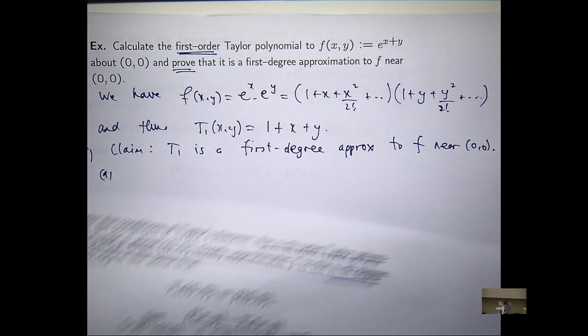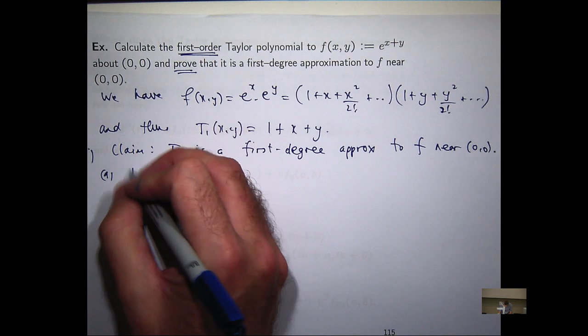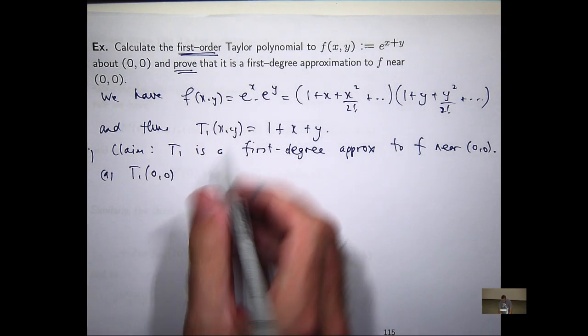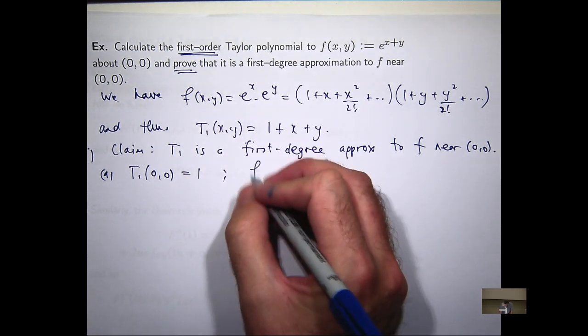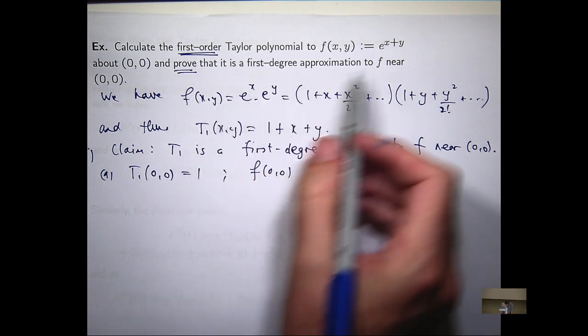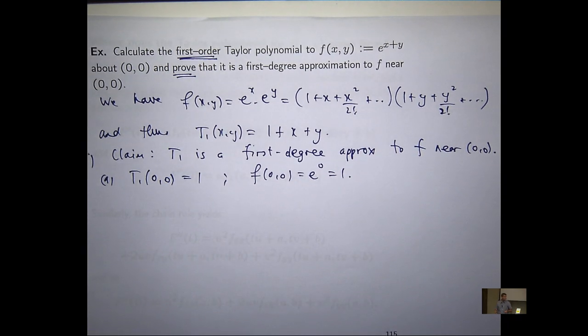We need to check that this thing is true for n equals 1. T1 at 0, 0 is just 1 plus 0 plus 0, which is 1. What's f at 0, 0? It's e to the 0, which is 1. So those two values give you absolute exactness at the origin.